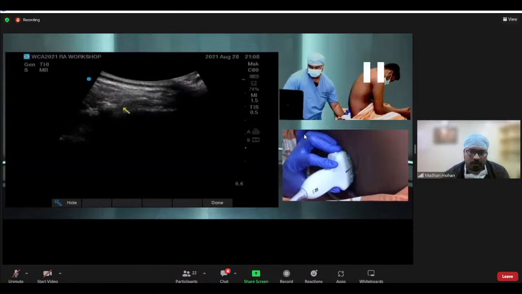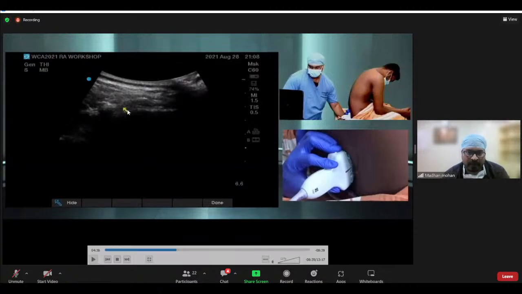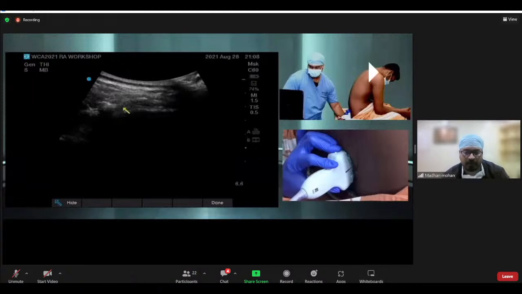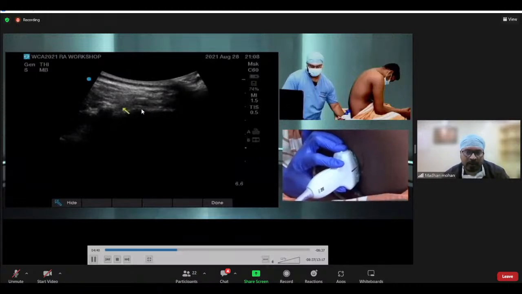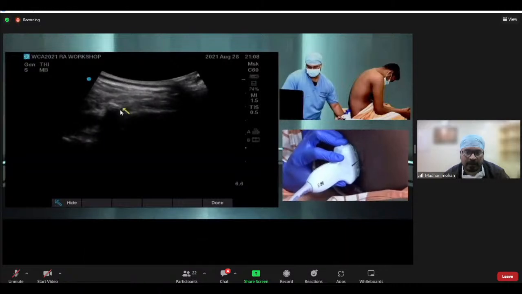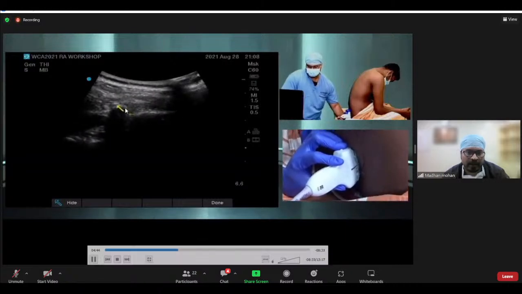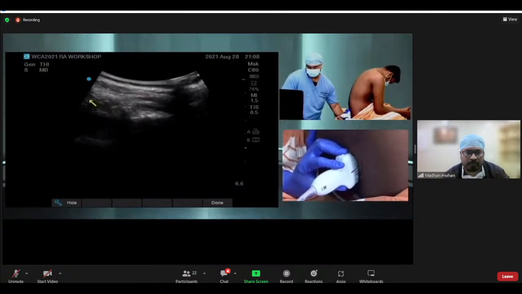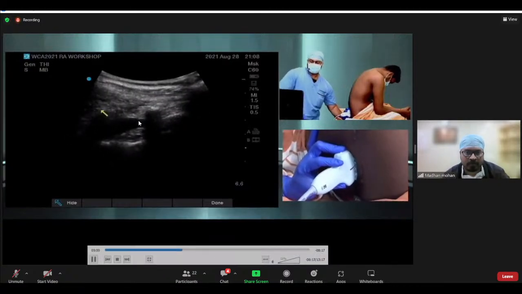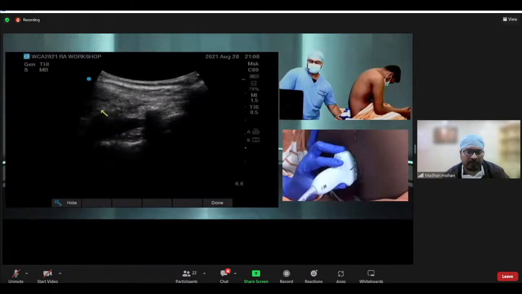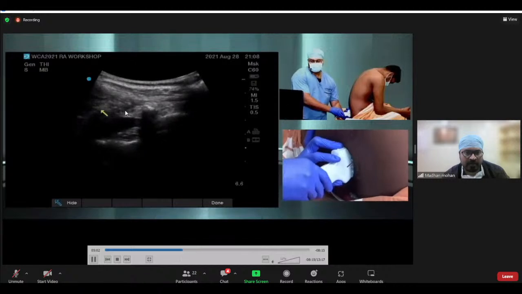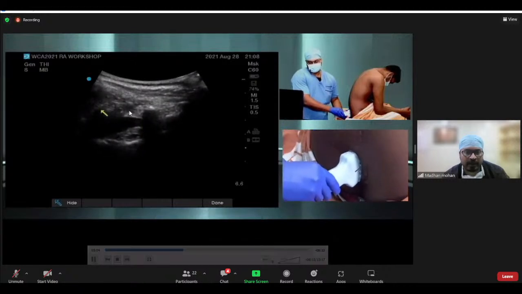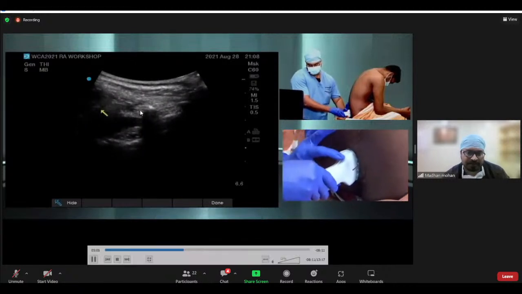Right. So once we get the straight hyperechoic line, which is the sacrum, and as I move a little cranial, I'll get the break in the continuity. So this is the first break in the continuity, which will be the L5-S1 space. And further cranial, if I move, I'll get the L4 space.